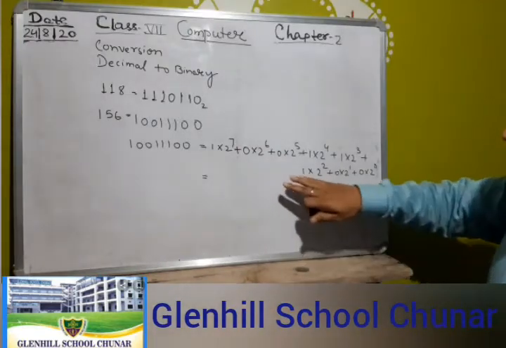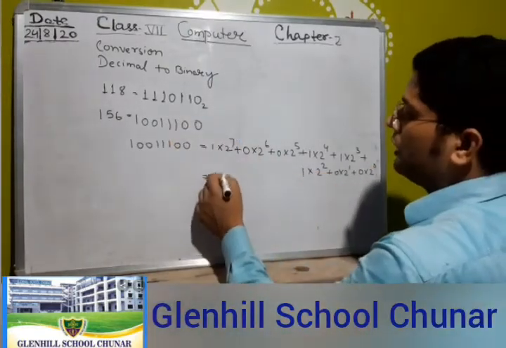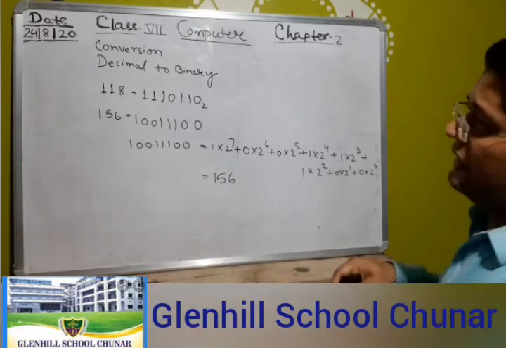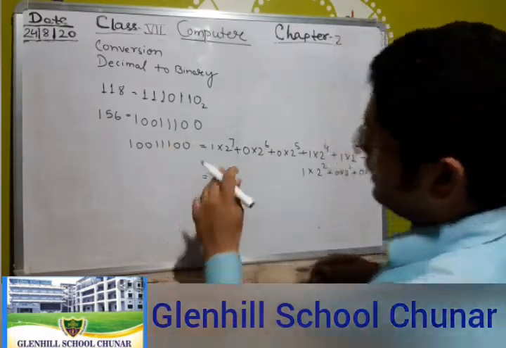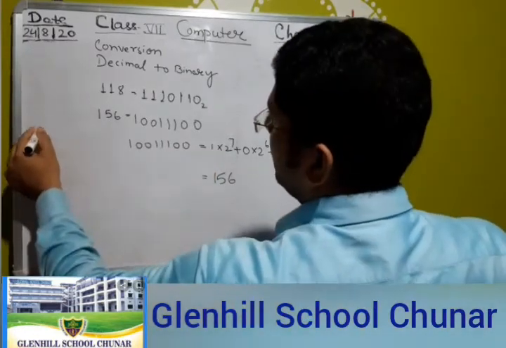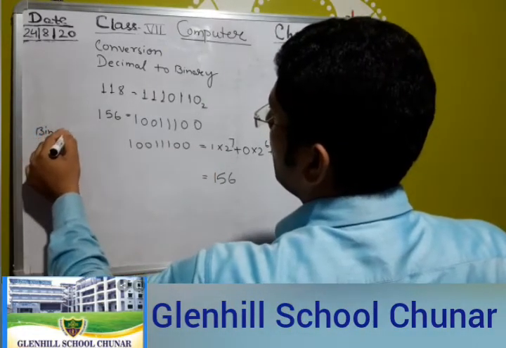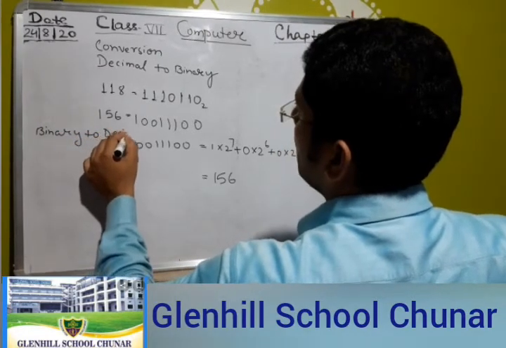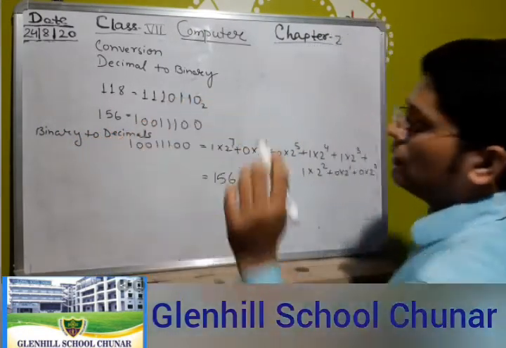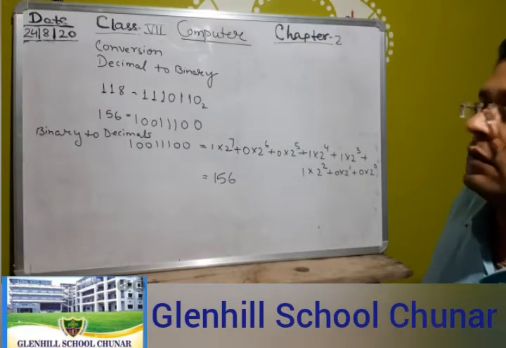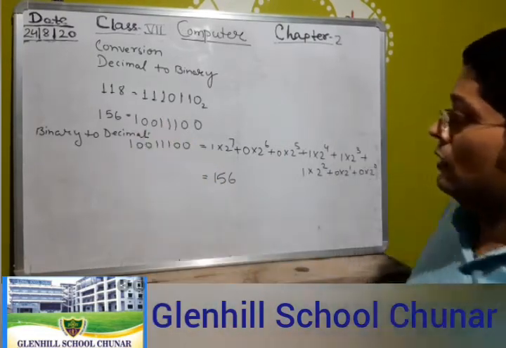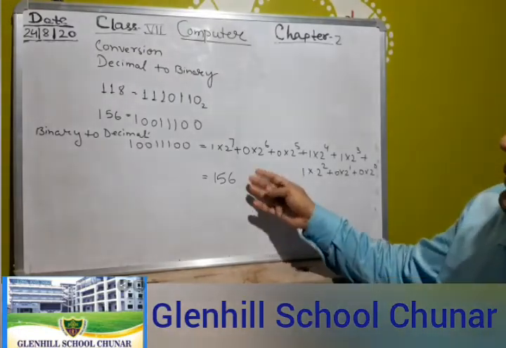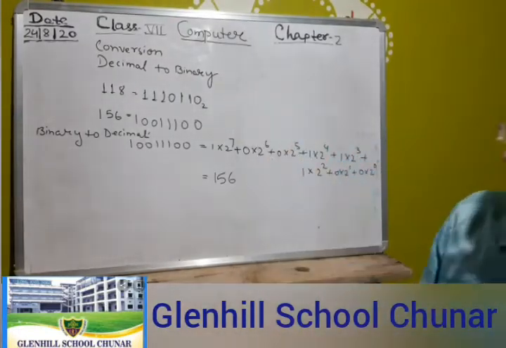You will solve that and find 156. So this is decimal to binary, and this one is binary to decimal.